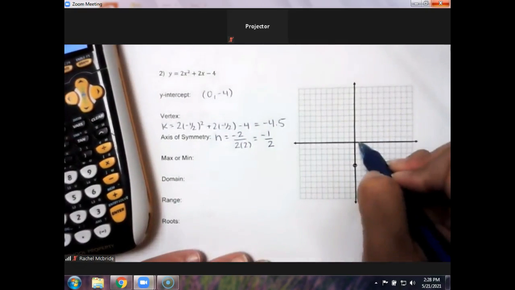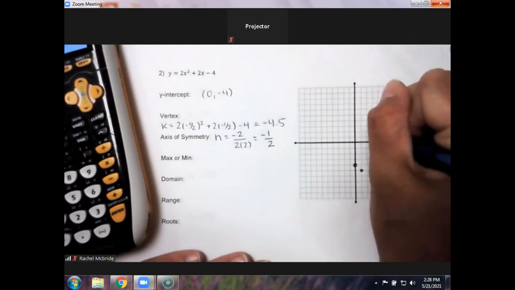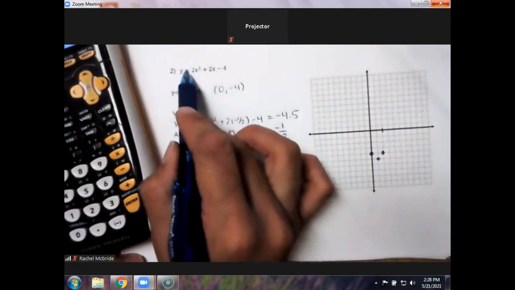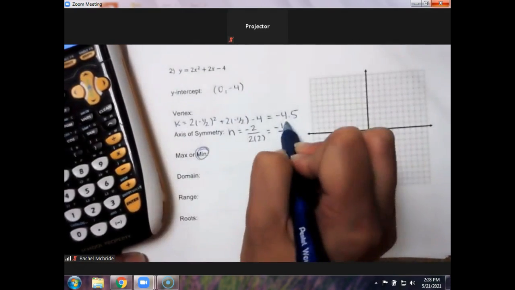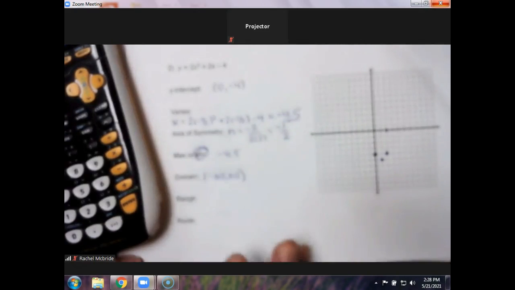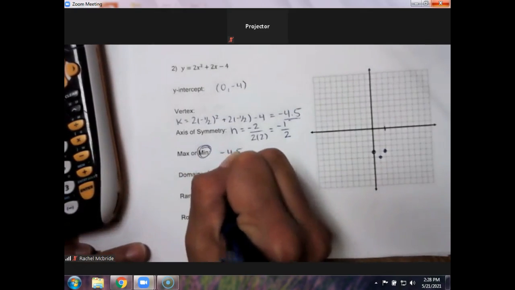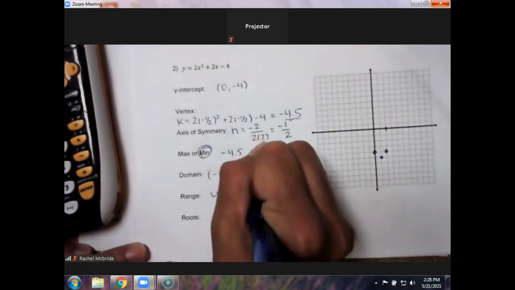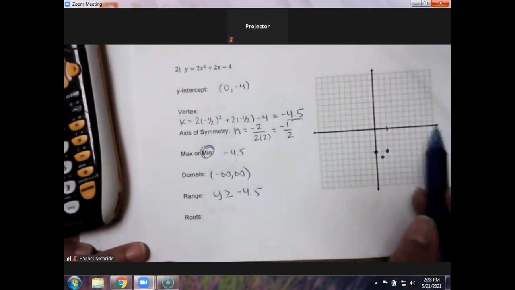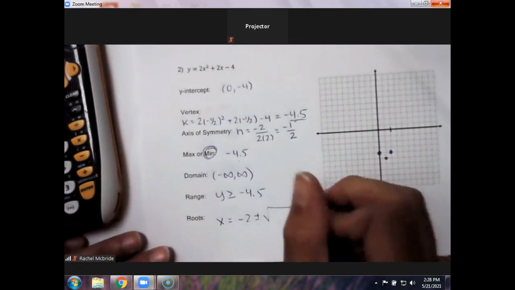So you would plot your negative 1/2, negative 4.5, and then do your symmetry based off that. If it's positive, it's a min. The min is always at k. The domain of a quadratic is always all reals. If it's a min, the range is greater than or equal to that minimum value. And the roots come from where it crosses here. You can also get them by doing your quadratic formula.